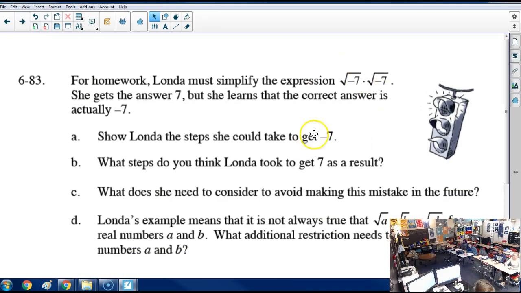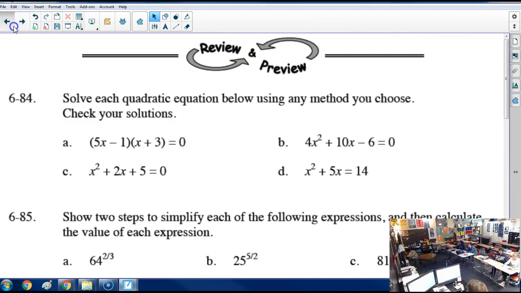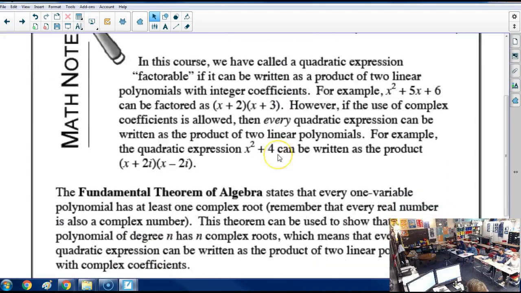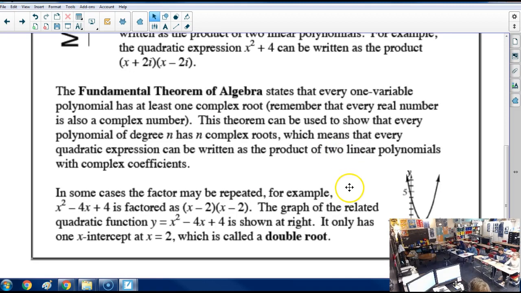All right, exactly what we were just talking about. Irrational numbers can fix themselves under multiplication, but the same does not happen under addition. We know this from the fundamental theorem of algebra, from my wonderful little pamphlet about imaginary numbers being real.